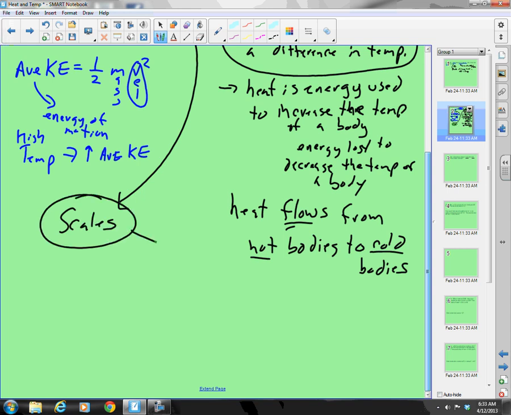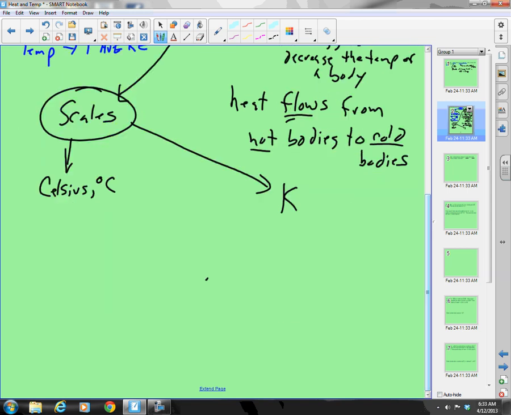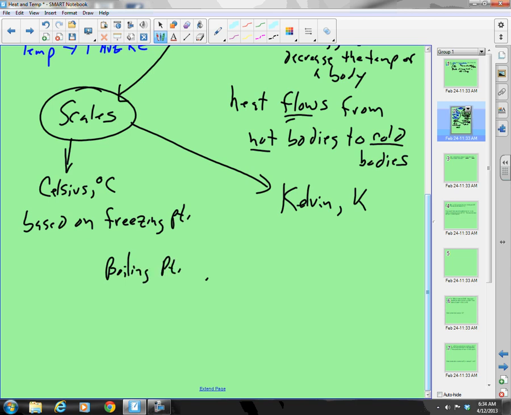The 2 temp scales: we want to talk about Celsius and we want to talk about Kelvin. Notice with Kelvin, we don't use the little degree sign. We just say Kelvin. Now, let's talk about the basis for each of these. What is Celsius based on? Celsius is based on the freezing point and the boiling point of water.